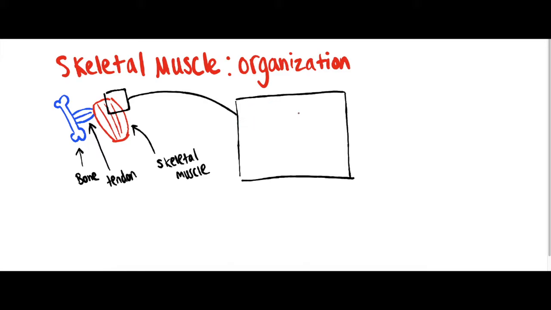If we have a cross section of our skeletal muscle right here, this whole thing is our muscle. But inside, when we cut it open, we have these bundles of muscle fibers. So right here, I'm drawing the muscle fibers.